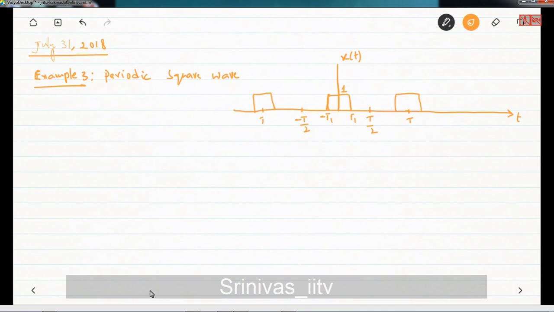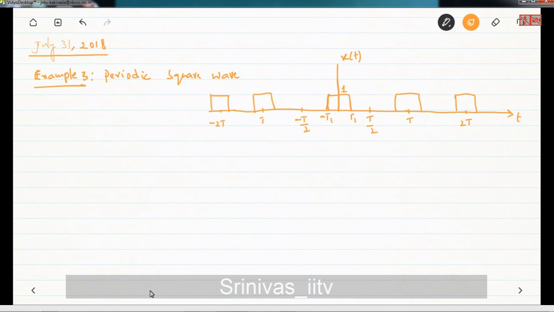As you can see, this is a periodic square wave. Sorry, this should be minus T and minus 2T. So this level is 1. Sorry, there should be somewhat less gap here.